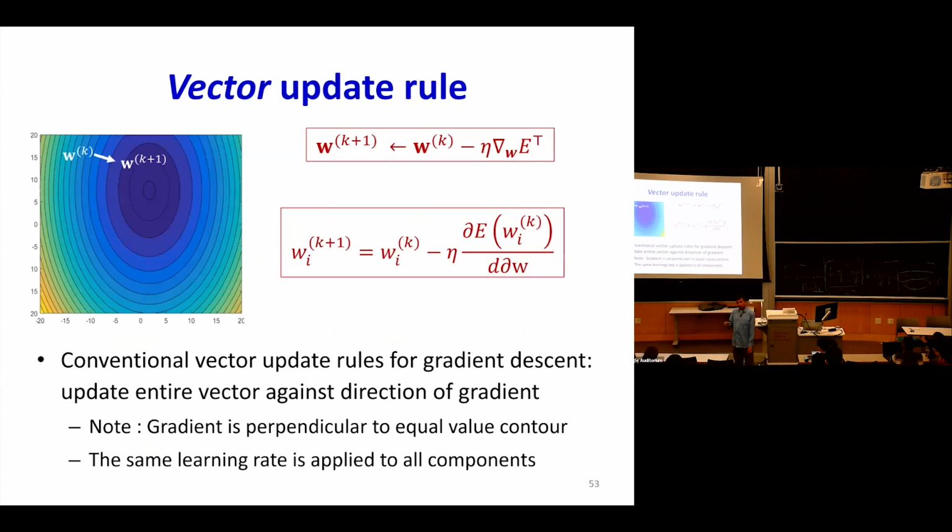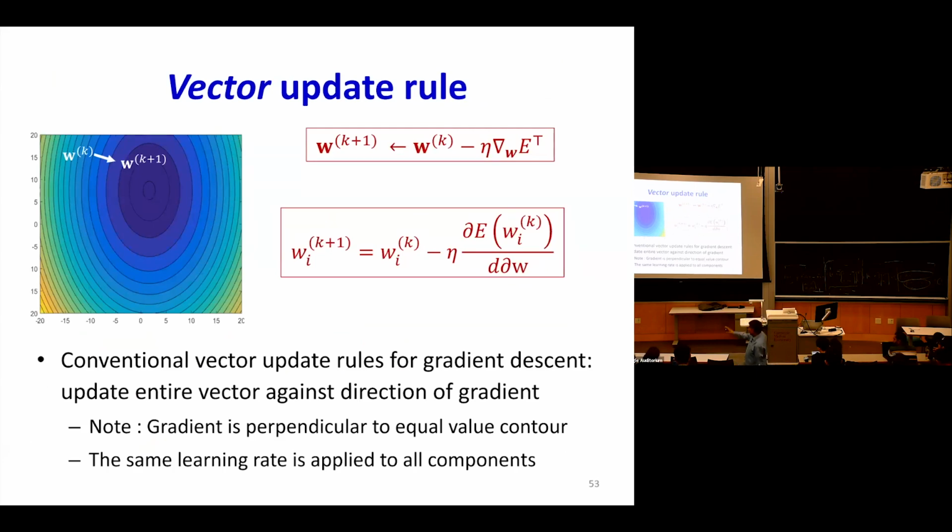Now, when I'm using a gradient descent rule, I'm always taking a step against the gradient. The gradient is in the direction of increase, so away from the center, and the step I'm going to be taking is towards the center. But we saw a couple of classes ago that the gradient is always 90 degrees to the equal value contour.